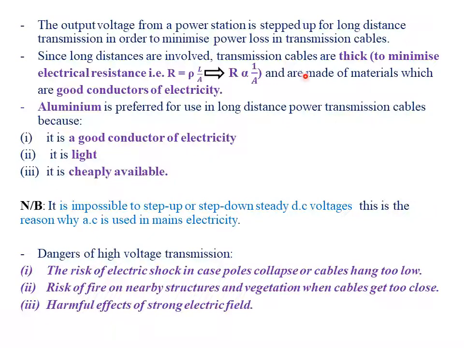And we are also saying that they are made of materials which are good conductors of electricity, such as copper and also aluminium. And we are saying that aluminium is preferred for use in long distance power transmission cables because of the following three reasons. The first reason is that aluminium is a good conductor of electricity, just like copper.